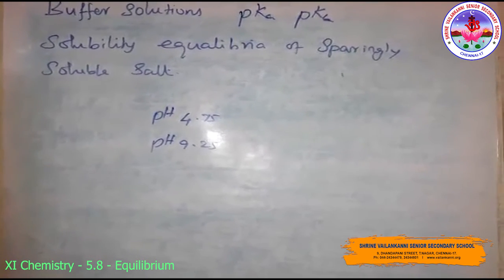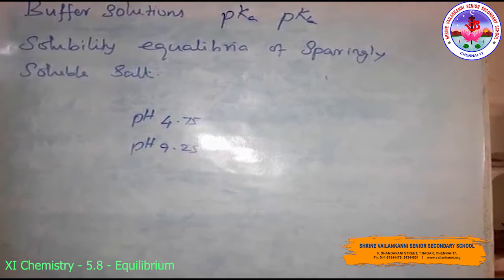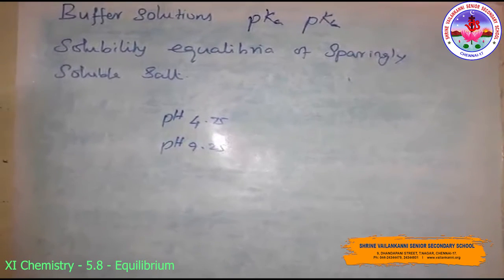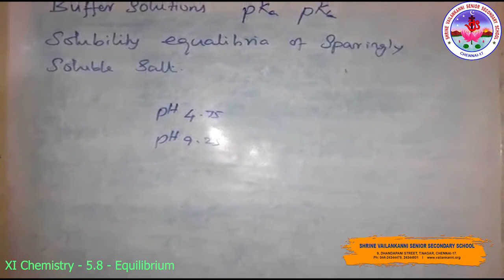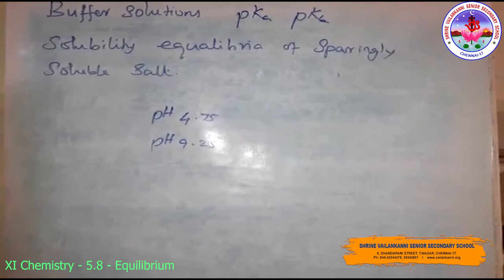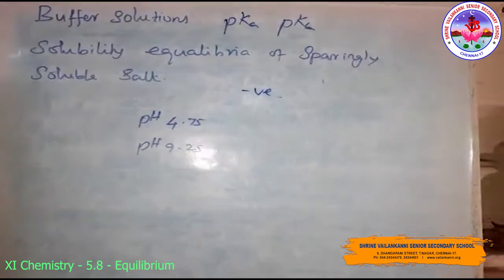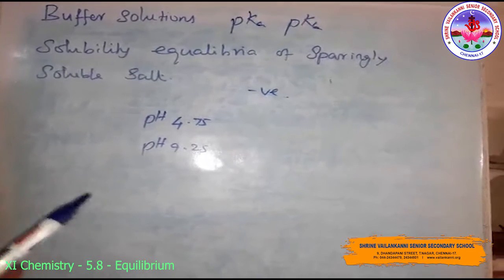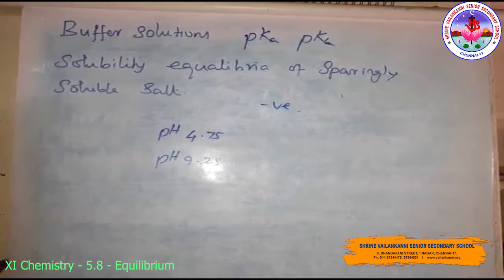For a salt to dissolve in a solvent, the strong forces of attraction between the ions must be overcome by the ion-solvent interaction. The solvation enthalpy of ions is always negative, which means energy is released in the process of solvation. The amount of solvation enthalpy depends on the nature of the solvent.